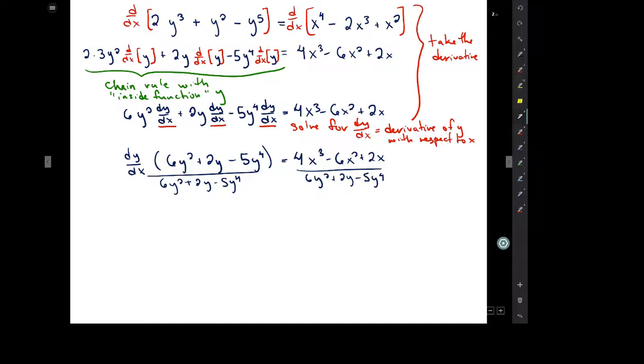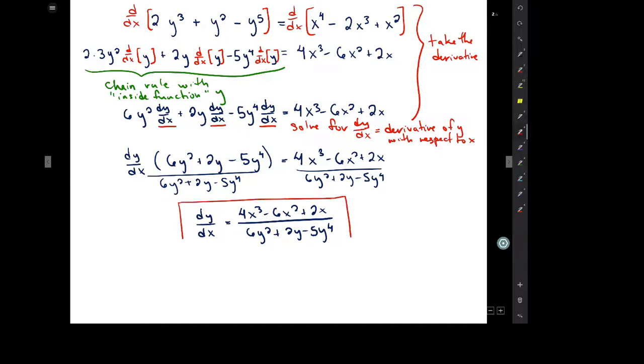And I get dy/dx is equal to 4x cubed minus 6x squared plus 2x divided by 6y squared plus 2y minus 5y to the 4th. So this is our derivative.